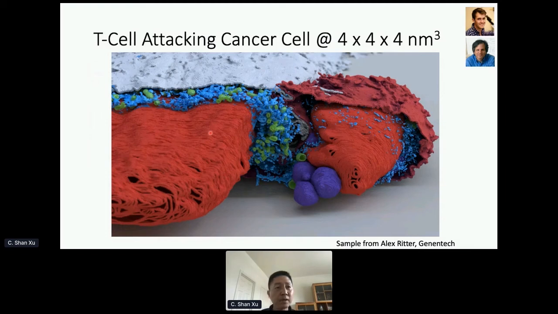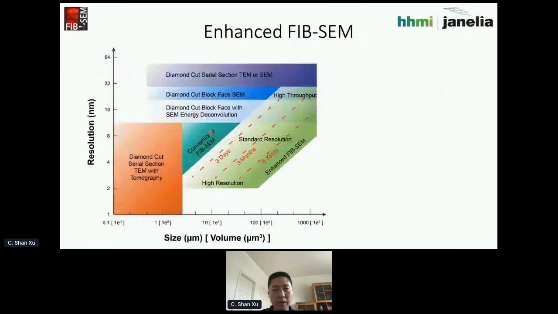So I guess just to summarize, over the past 10 years, we have transformed a conventional FIB-SEM from a lab tool lacking long-term stability into a robust imaging platform we call enhanced FIB-SEM, capable of years of continuous imaging and without defects in the final image stack.